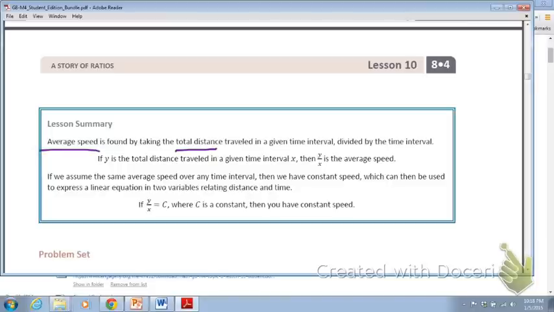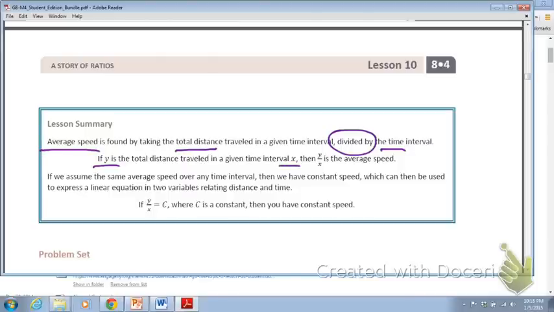So it is the total distance divided by time. Okay, and then we tried to generalize it. So we said if y is the total distance traveled in a given time interval x, then y over x would be the average speed.